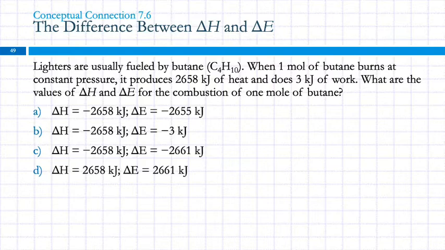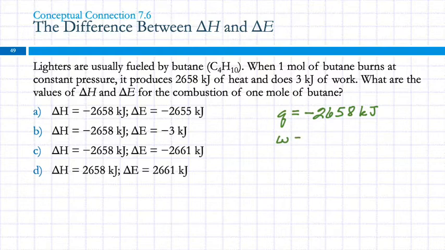So it produces 2,658 kilojoules of heat. Well, heat is Q, right? If the system, the combustion, is producing this, that means it's going out. Is it positive or negative? It's negative. And it does 3 kilojoules of work.